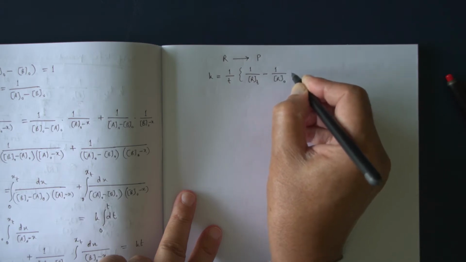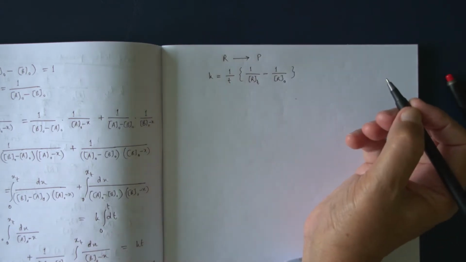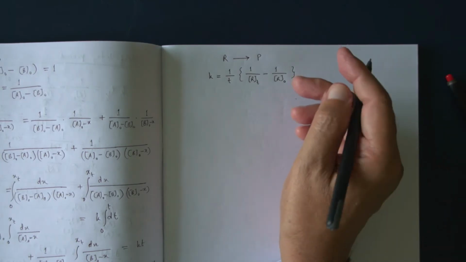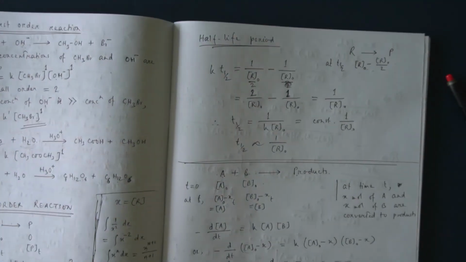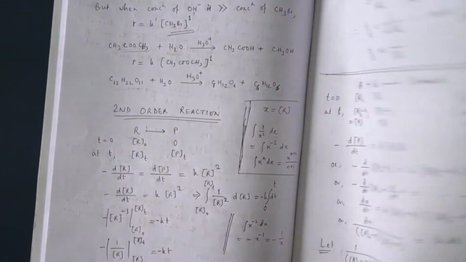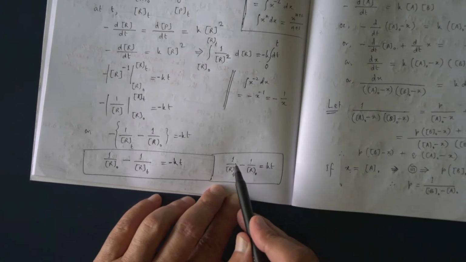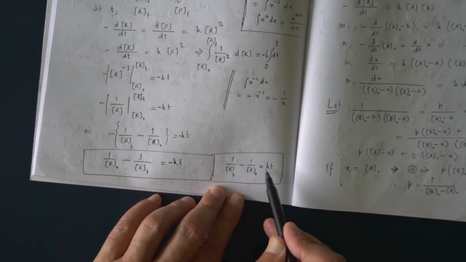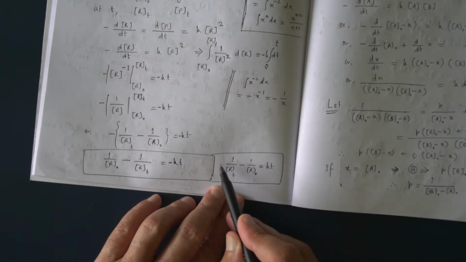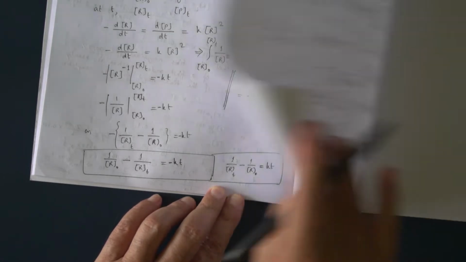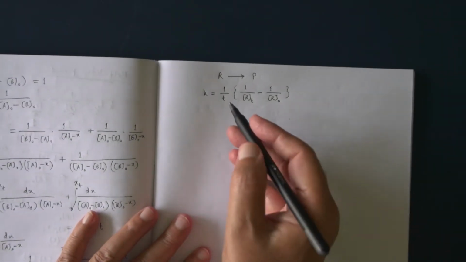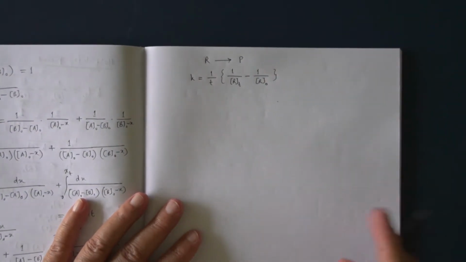Okay, we have seen this. Last time we deduced this. So this was the relation: 1 by [A]t minus 1 by [A]0 equals kt. So from this, k equals 1 by t, this.